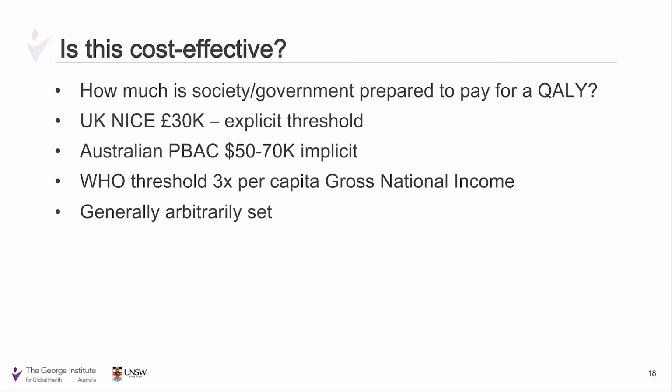WHO has a threshold as well. It's published and generally used in the context of low and middle income countries, and it's set at 3 times per capita gross national income. The point of all these thresholds is that they give decision makers and people who read these cost effectiveness analyses some sort of benchmark to determine whether an ICER represents value for money or not.